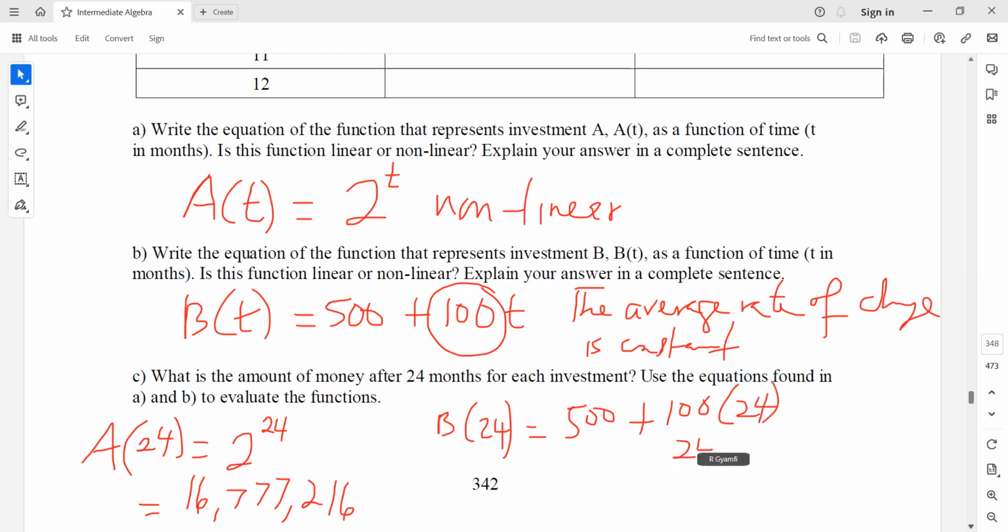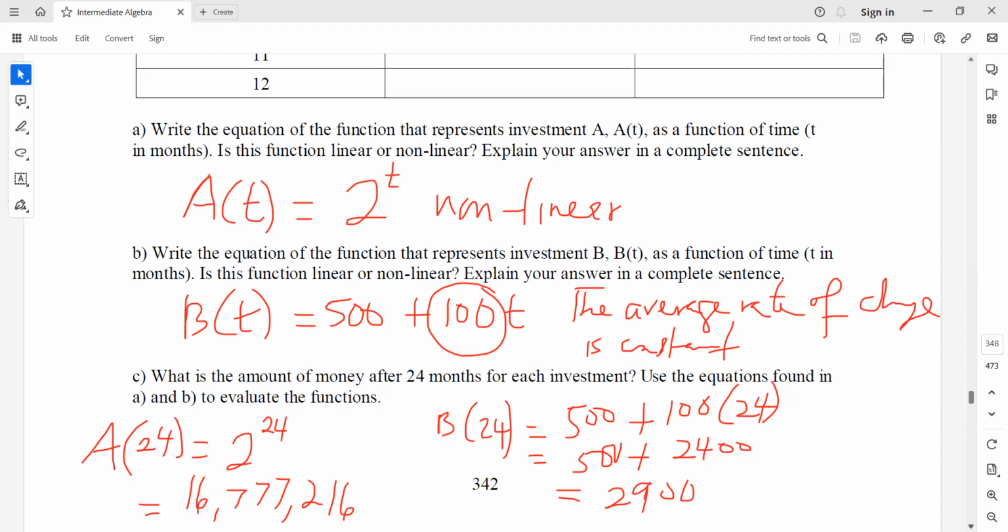So this gives you 2,400 plus 500. And if you put this in the calculator, you get $2,900. Wow. So look at the difference. 16 million. Wow. If I get that money, oh, wow. I'm good to go. 16 million. Wow. All right.